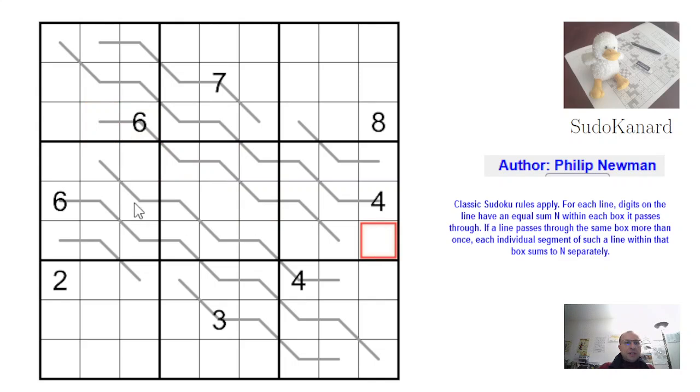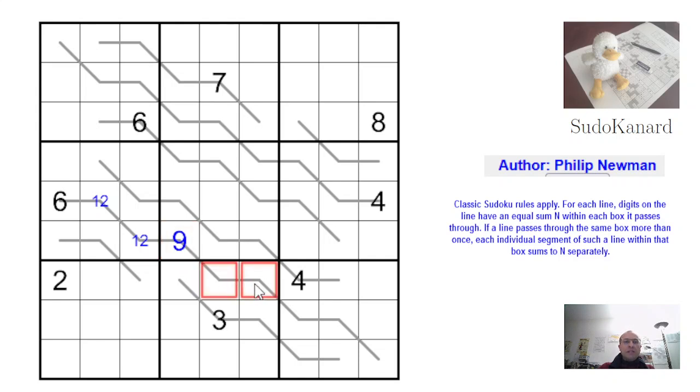So the place to start is definitely here. The sum of those three digits will be at least 9, and at most 9 because it is the same as this. And when the minimum and the maximum are equal, they are the only possible value.